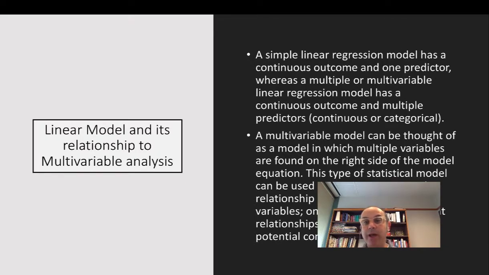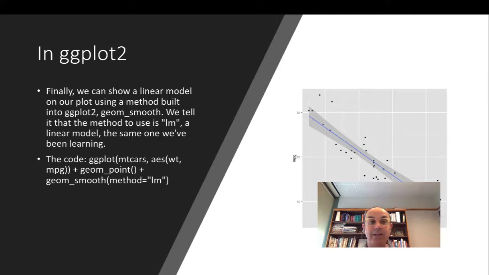A simple linear regression model has a continuous outcome because regression, compared to other forms of analysis, has one predictor, whereas in multivariate analysis we have multiple predictors. So how do we apply that? I'm going to use a very simple example with ggplot2 and mtcars, and I want you to pay attention to what I have done here.